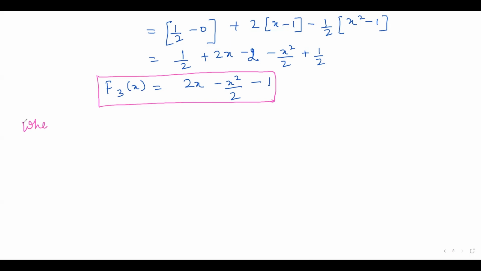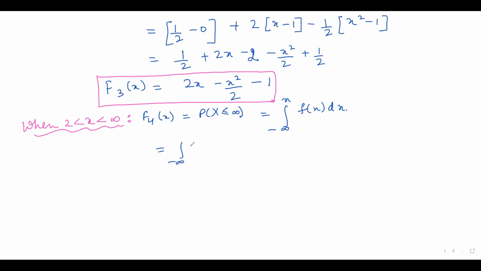Now when x is greater than 2 but less than infinity, in this case that means we are discussing f4x, p of x less than or equal to x. So that would be from minus infinity to x.